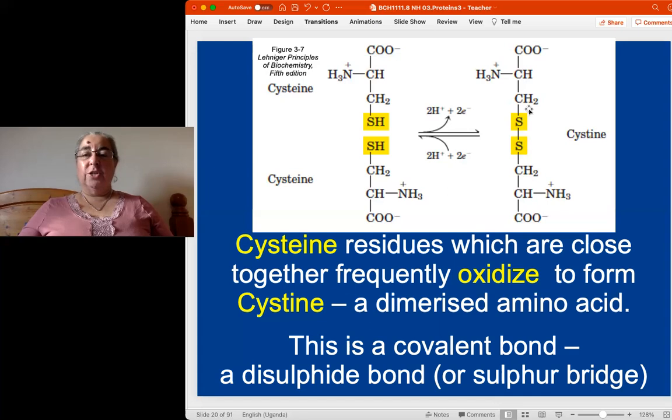It's two amino acids joined together, but not through a peptide bond. This joining of the two amino acids into one molecule becomes a molecule called cystine. Notice we have a slightly different spelling: cystine, just the I, no E in it. This is an oxidation reaction. The two cysteines oxidize together to form the cystine dimer. And the covalent bond is a disulfide bond, sometimes called a sulfur bridge.